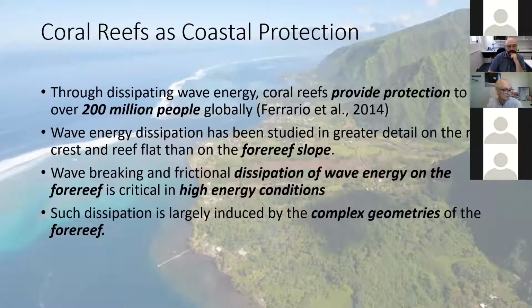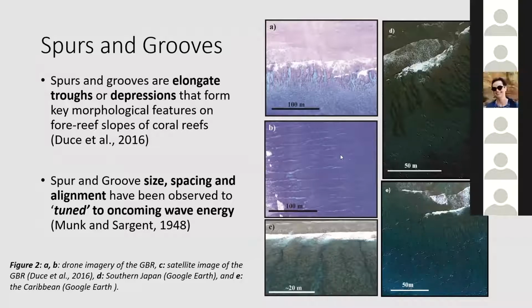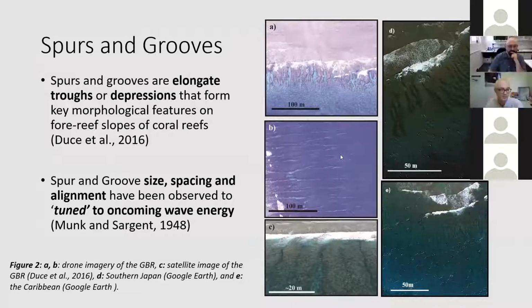And one of these key features that adds to the complexity of the geometry are these spurs and grooves. So these are prevalent across reefs globally, Caribbean, and the Great Barrier Reef. And the size, spacing, and alignment of these features has been observed to be tuned to the oncoming wave energy.